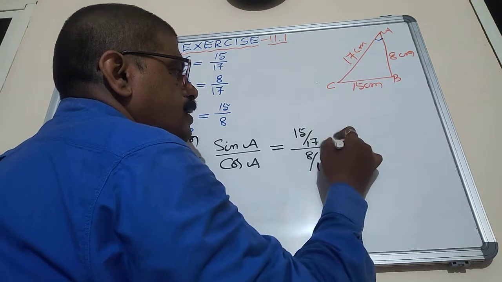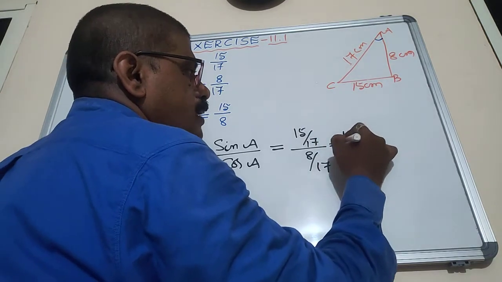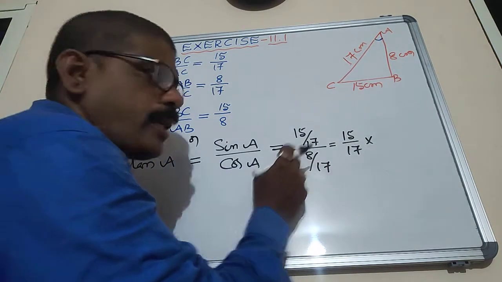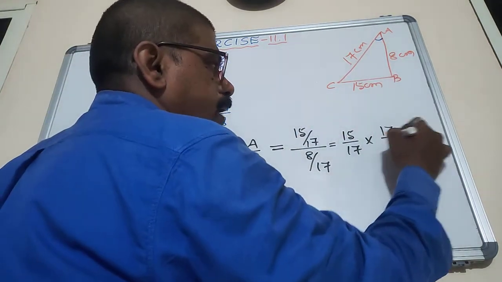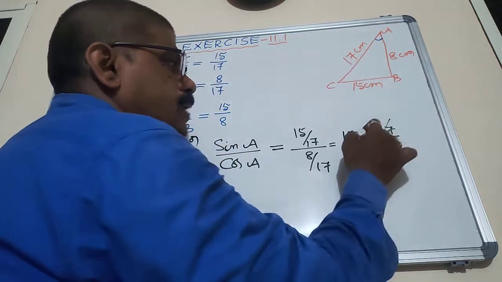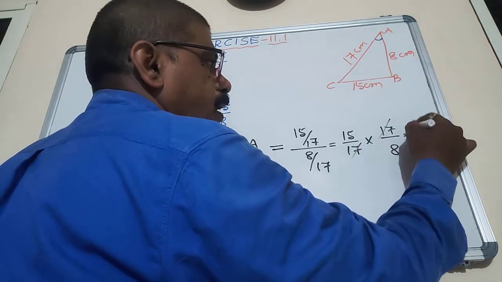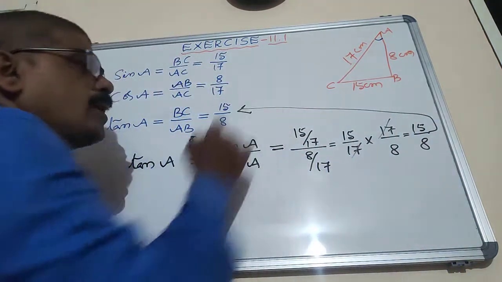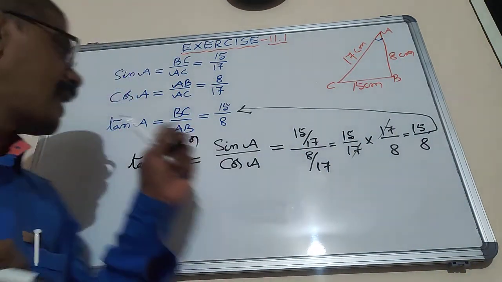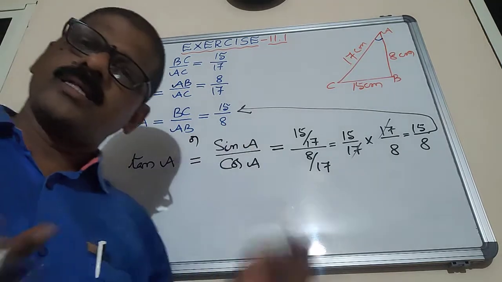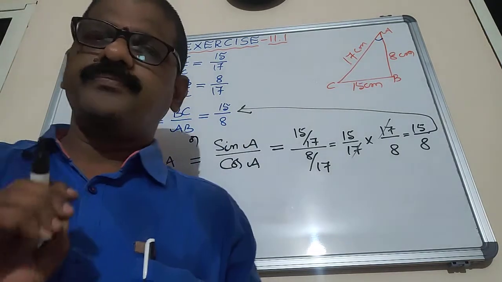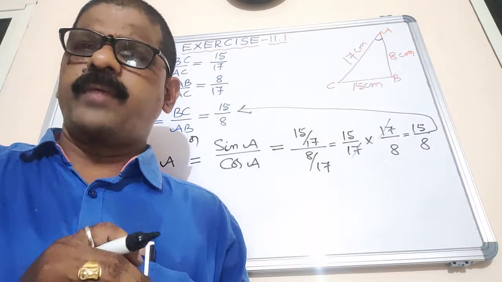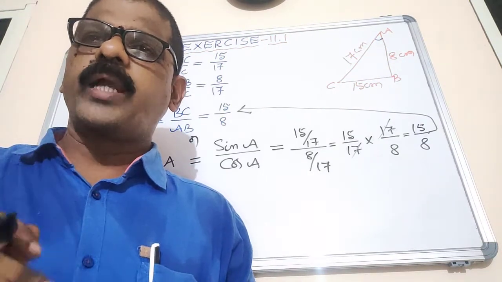That is 15 by 17 into its reciprocal, 17 by 8. Now 17 is cancelled, and it will be 15 by 8. This value is the same, meaning tan A can be written as sin A by cos A. Clear, all of you? This is the first question from exercise 11.1.